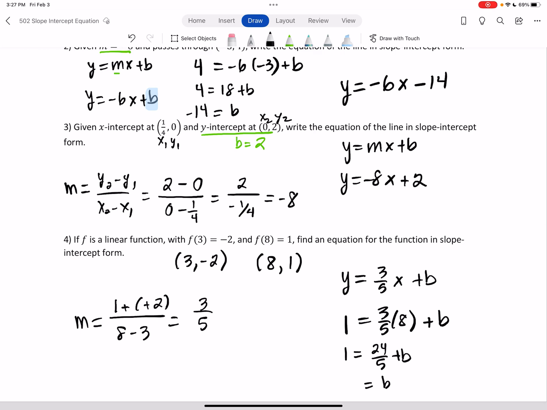Subtract 24/5 from both sides, so I get negative 19/5. Then my equation is going to look like y equals, my m is 3/5 x, and I just solved for b, negative 19/5. So that is the slope-intercept form, the y equals mx plus b.